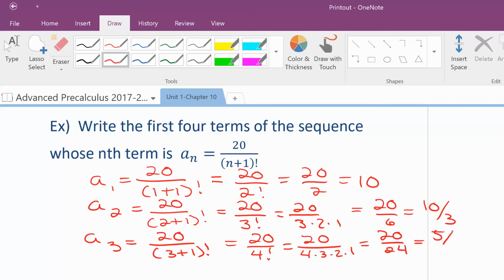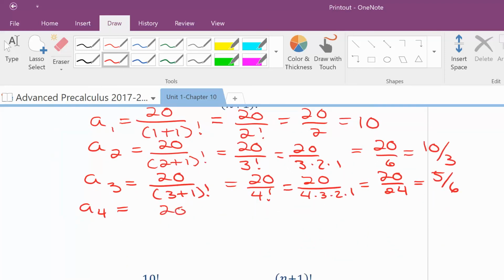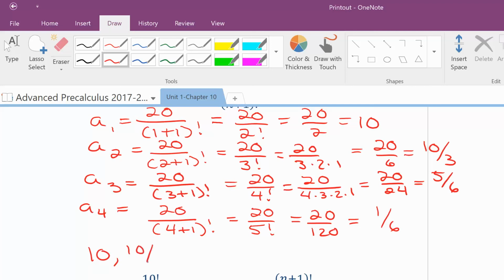So it's 5/6. And then the fourth term, so that's 5 factorial on the bottom, which is 120. So when you reduce that, you get 1/6. So the terms are 10, 10/3, 5/6, and 1/6.